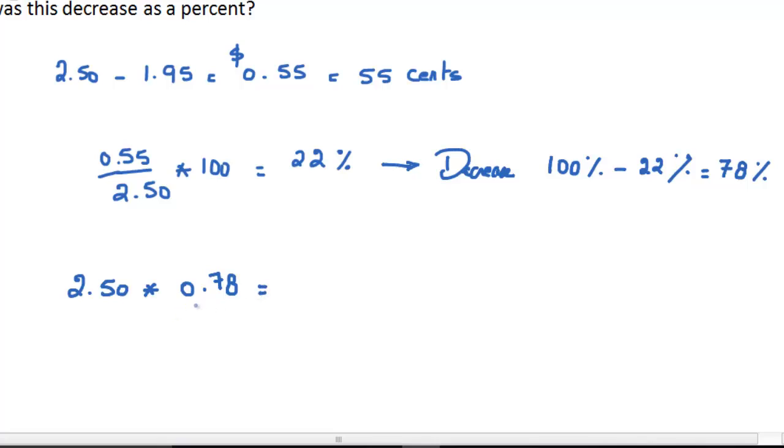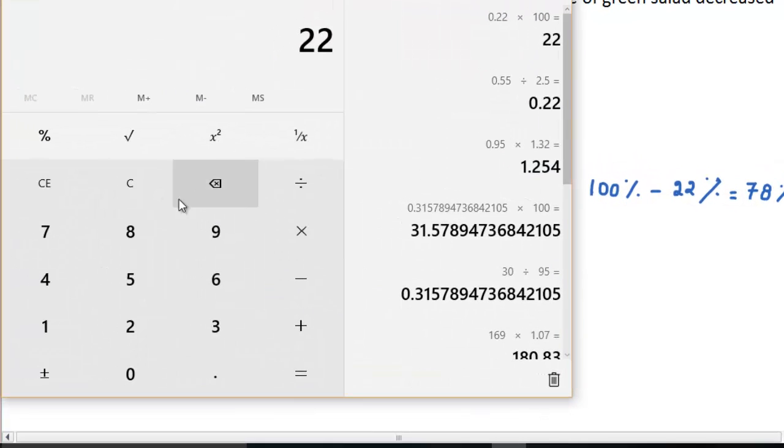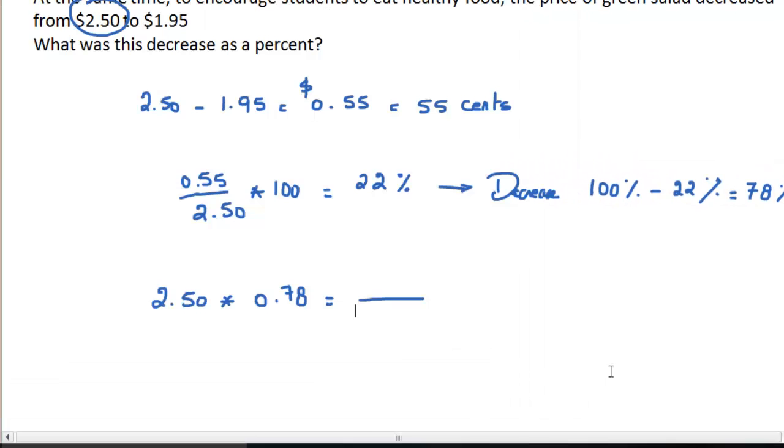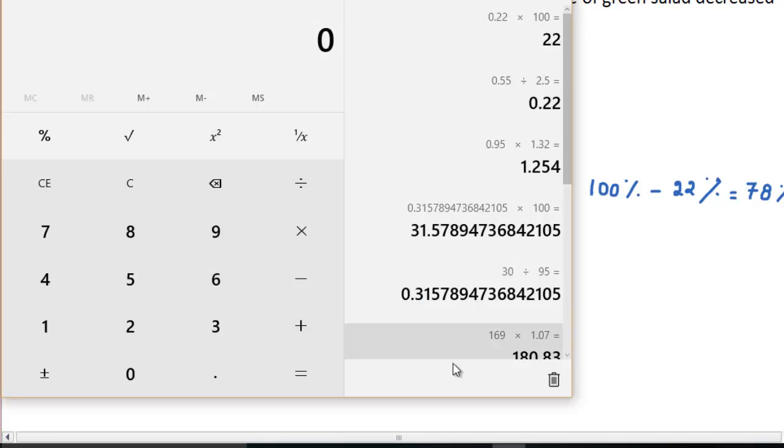Someone will tell me, wow, usually we have 1 point something. Now it's 0.78. Why? Because it decreased. This number that I'm going to get has to be less than $2.50, which is right, it's a decrease. So I will take my calculator: the original price is $2.50, multiplied by 78%.